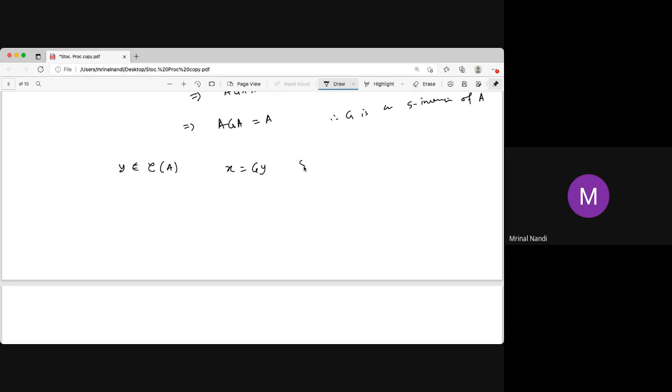Now this is a solution of AX equals Y. Now since G is a g inverse, how do we show that?